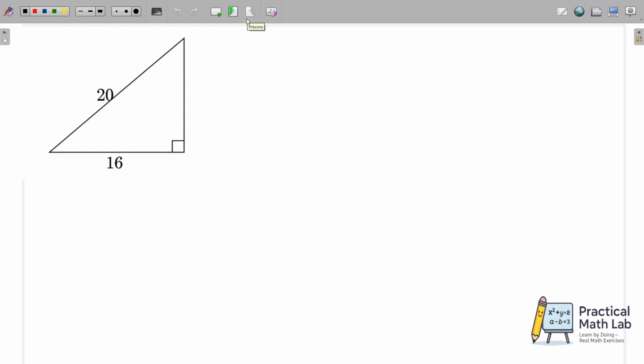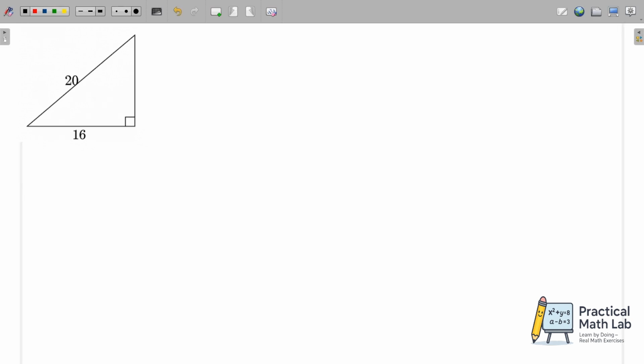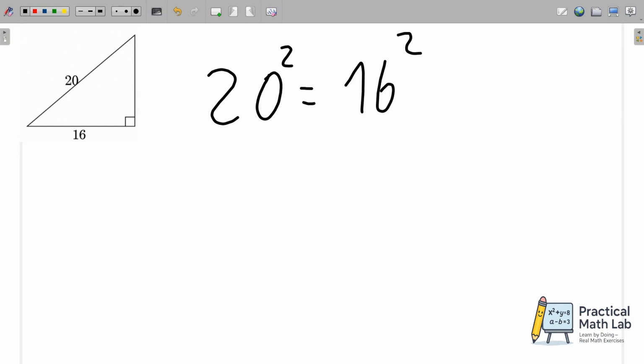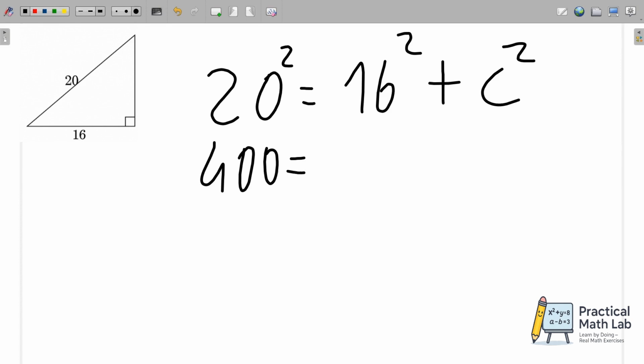Let's go to another example. Using the Pythagorean theorem, 20 squared, which is the hypotenuse, is equal to the leg squared, which is 16 squared, plus c squared, which is the other leg whose value we don't know. 20 squared is equal to 400. 16 squared is 256, plus the leg squared.